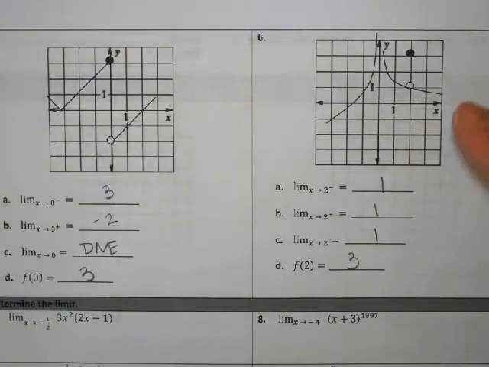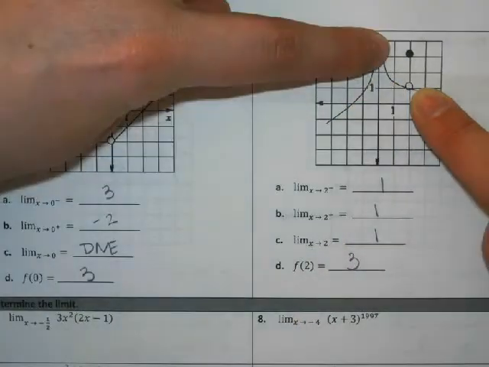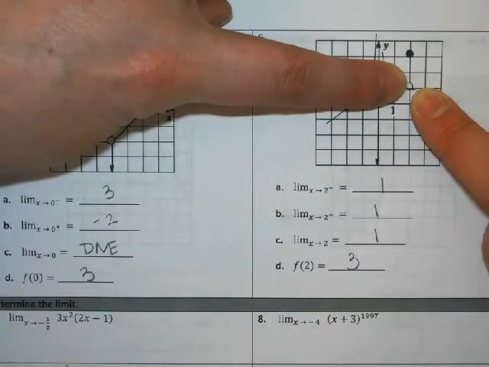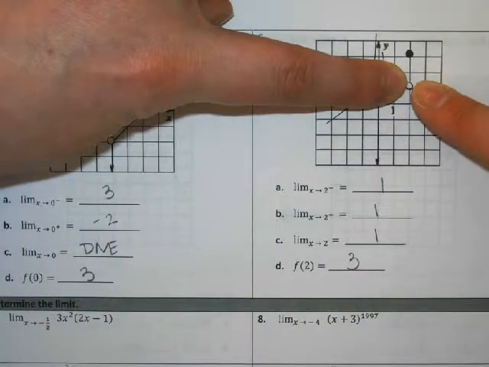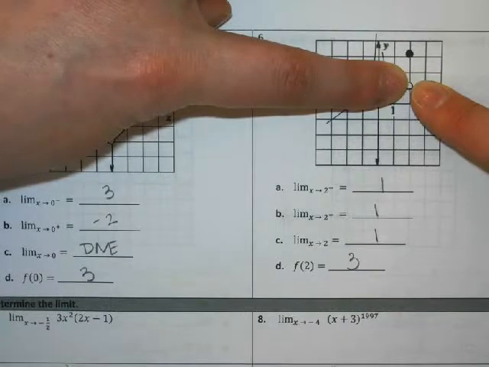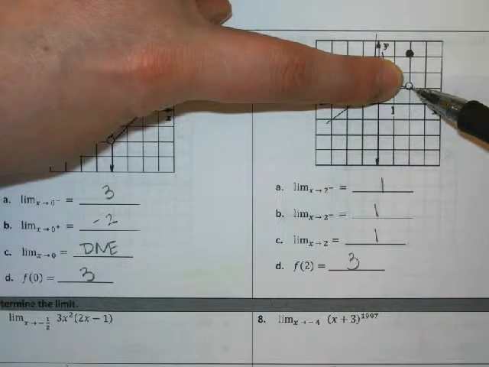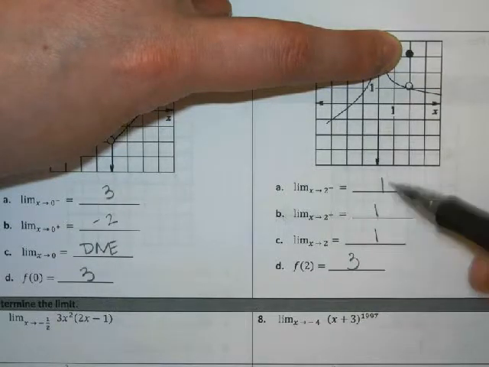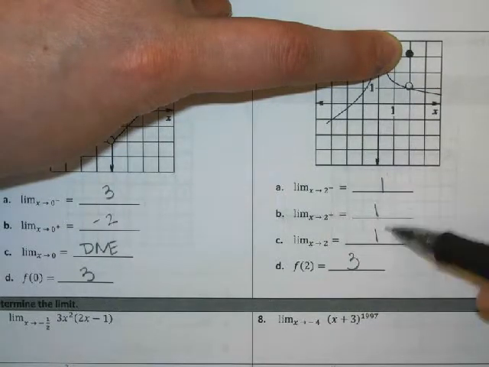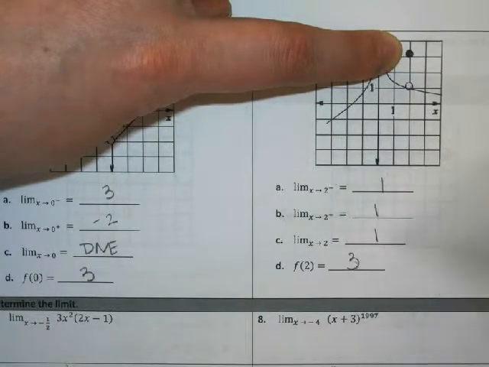Yeah, so number 6, the x value of 2 is right here. So if we follow it from the left, my finger's at 1. If I follow it from the right, my finger's at 1. And so the overall limit is 1. But I do notice that if I was to plug in 2, I would not get a y value of 1 because that's a hole. If I was to plug in 2, I would actually get a y value of 3. So the limits are all 1 because that's the y value that should be there. But the y value that's actually there is a 3, even though it doesn't quite make sense.